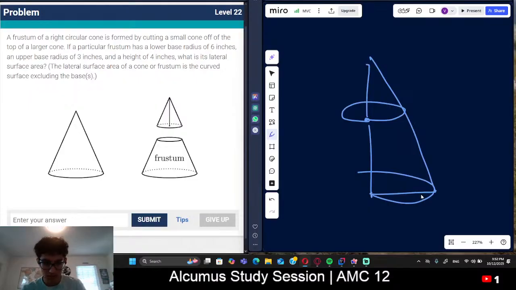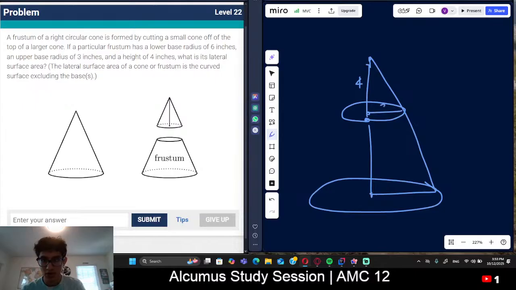Oops, like this. So this height is 4, and obviously this radius is 3, so this is 5. Similarly, this total height is going to be 8, this is 6, so this entire thing is 10. What is the lateral surface area? It is a curved surface. Yeah, okay.